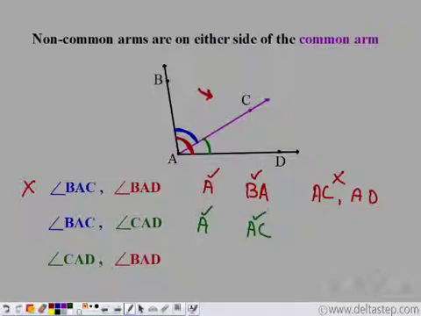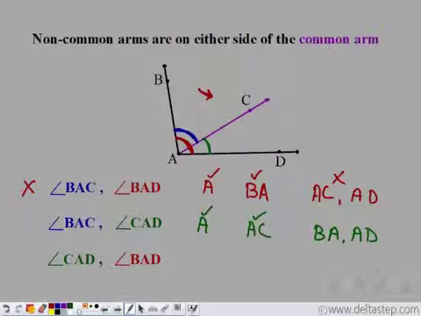What about the non-common arms? In BAC, AC is already taken. We are left with BA, so the non-common arm is BA. In CAD, AC is already taken. We are left with AD, so this is the non-common arm of CAD.